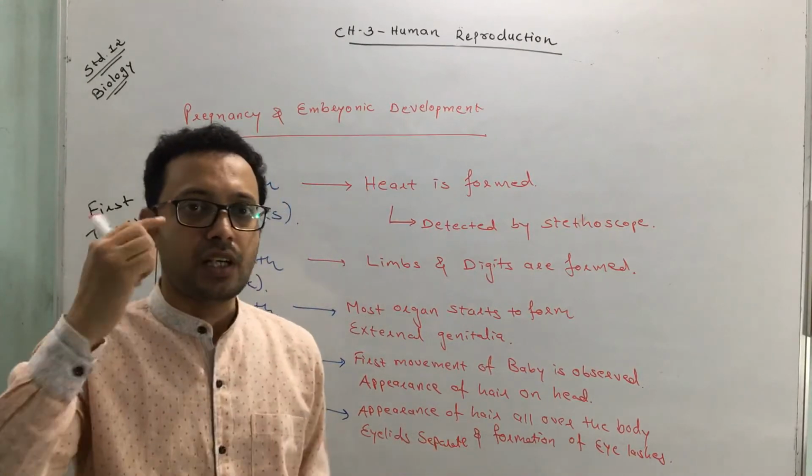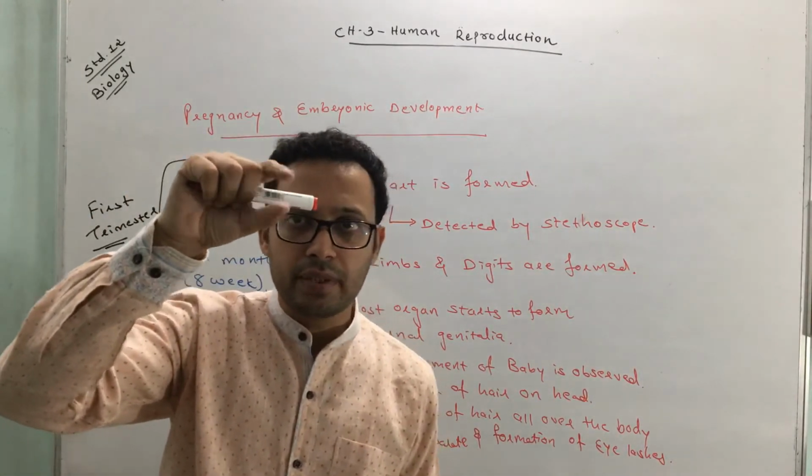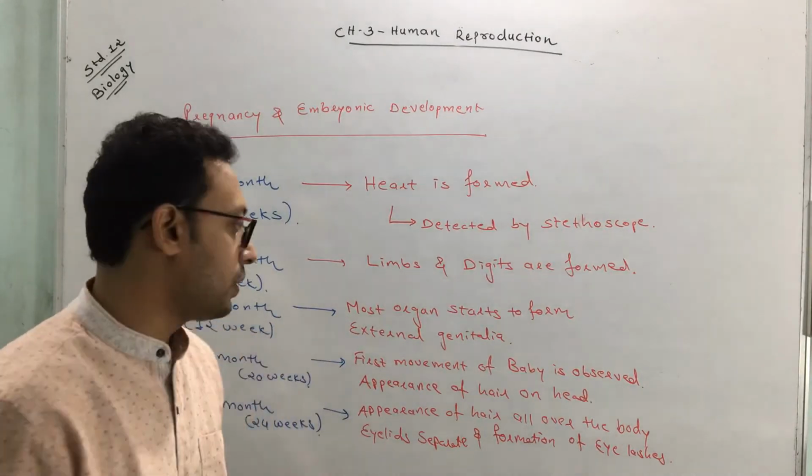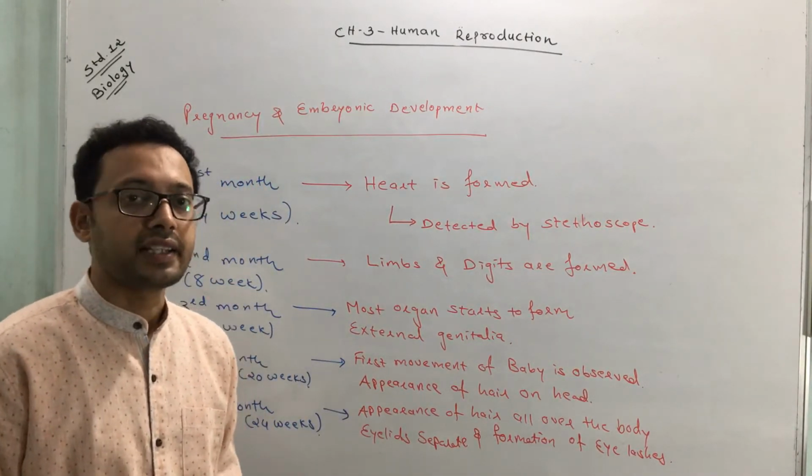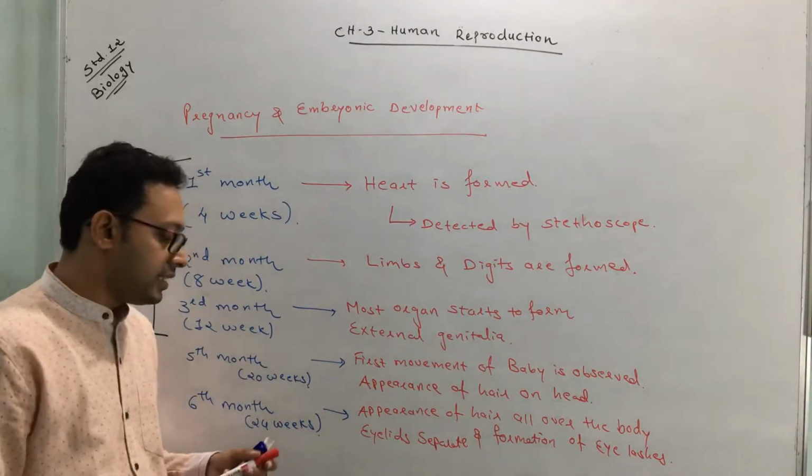The eyelids which are closed or attached become separated. Okay, and there is a formation of eyelashes on the eyelids. That happens at the end of the 6th month.